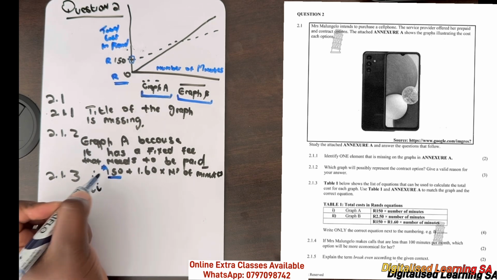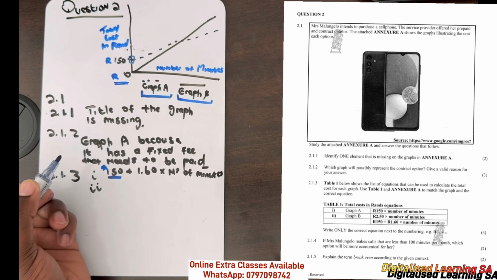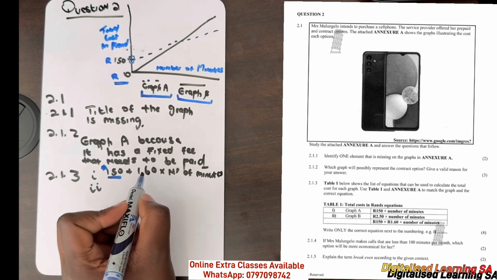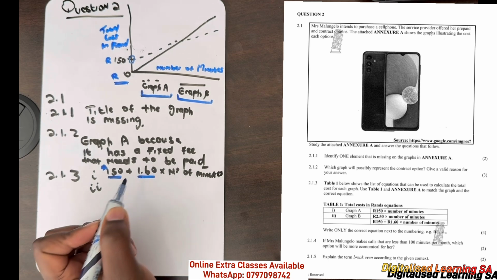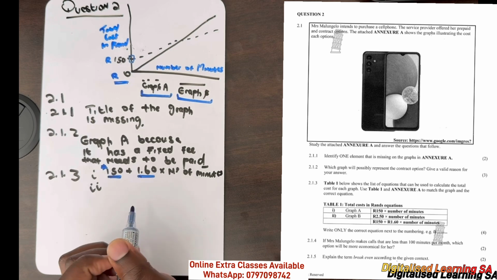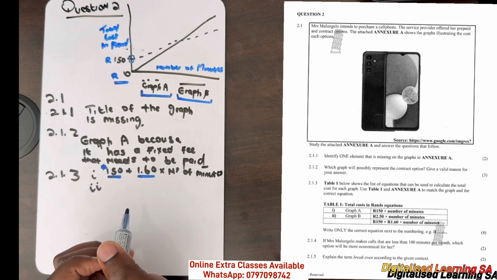So this is fixed, it needs to be paid regardless. And then the cost per minute is how much? It is 1 rand 60. So there's 150 and there is the cost per minute depending on the number of minutes that has been utilized or used.